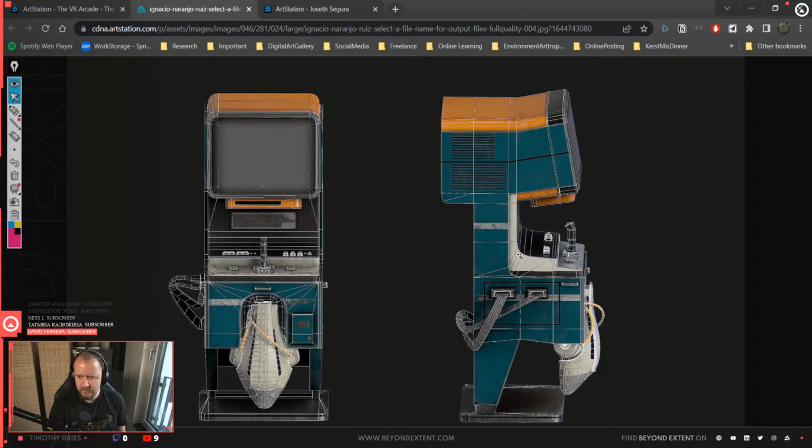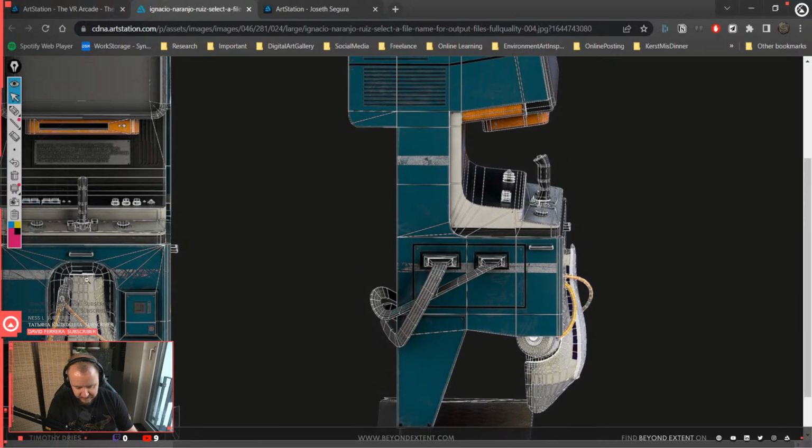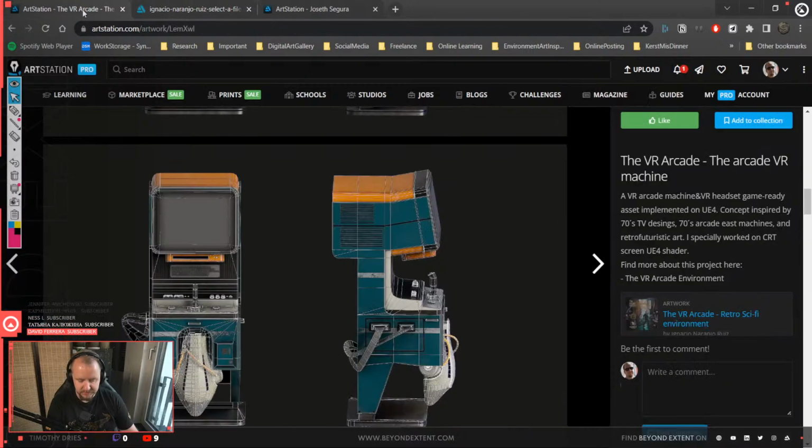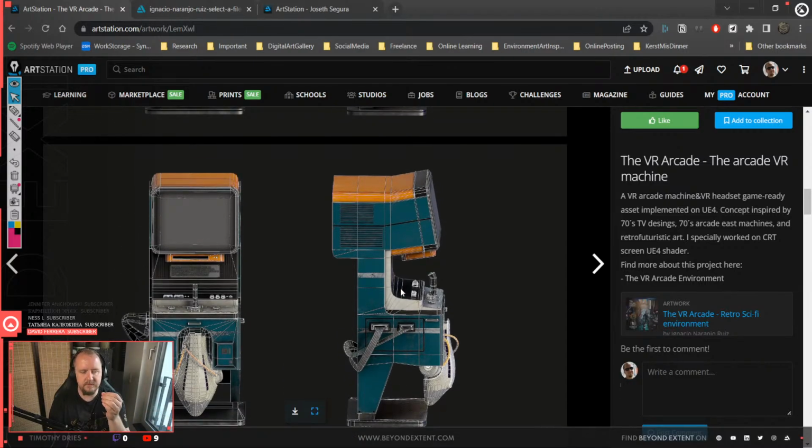Now, I'm trying to think of a way of adding inconsistency to this, right? You're already doing it on the stickers, but if you're doing any damage to any prop, no matter what you're texturing, it has to be logical. You have to think about how a prop is used, how someone would interact with it, or how the prop would interact with the environment, right?